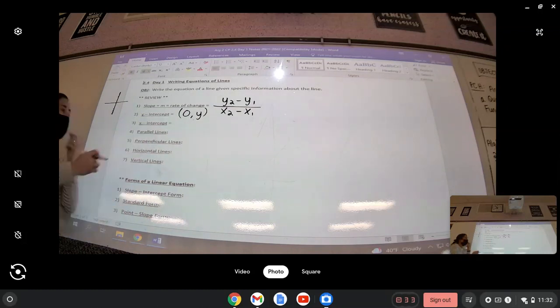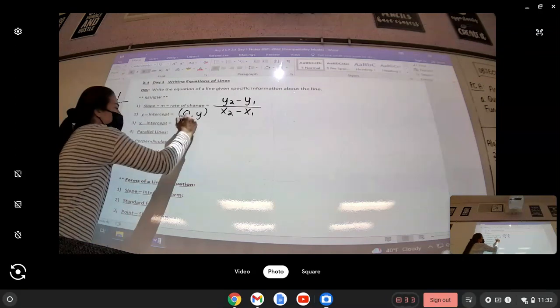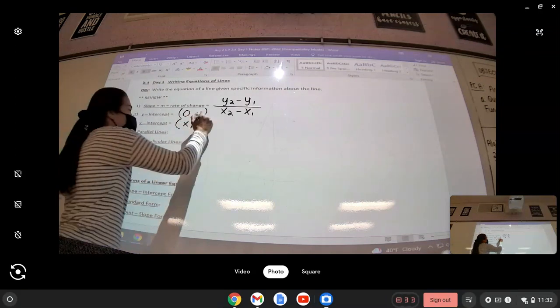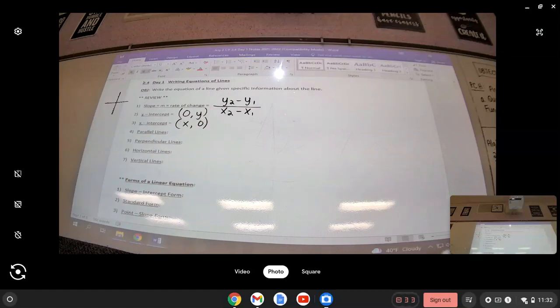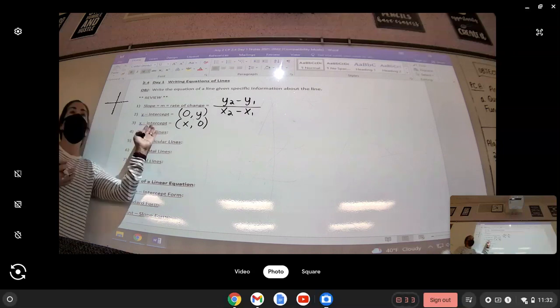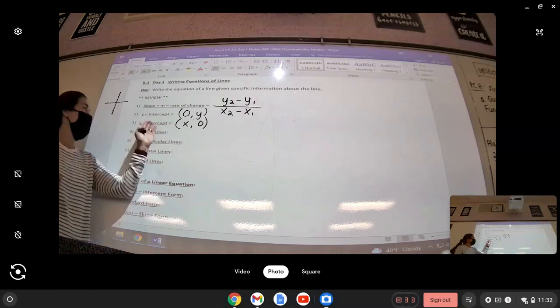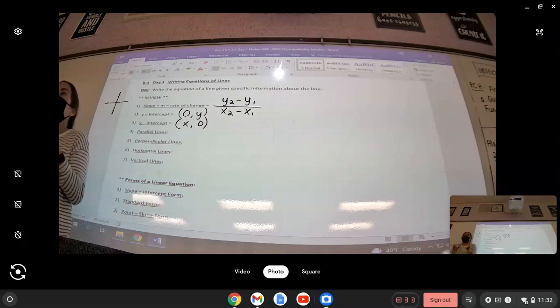All right, the x-intercept. The x-intercept is the point directly on the x-axis. That's where your line will cross over the x-axis. So guys, clearly it has an x-coordinate, but what does its y-coordinate have to be right on the x-axis? 0. Remember, the minute you hear intercept, that means they are on an axis and one of their coordinates has to be 0. I told you when we first started dealing with the x-intercept that when we get to chapter 4 and chapter 5, the x-intercept is going to be really, really important.